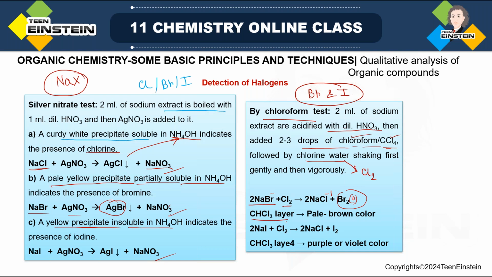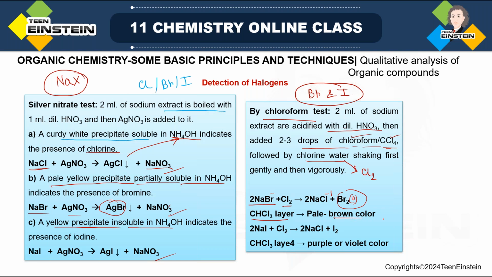Now this CHCl3 layer, that is the organic solvent layer, or it may be the CCl4 layer, will convert to pale brown color. Why is it happening? Because bromine, when it is in CHCl3 medium, has this specific color. So it will help us to understand that bromine is present.